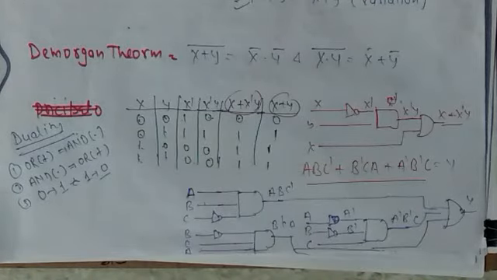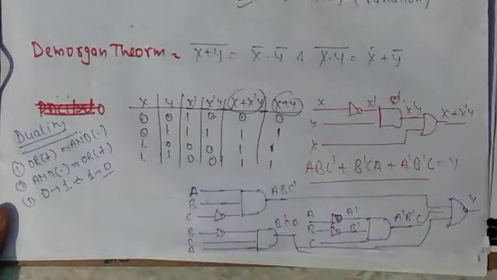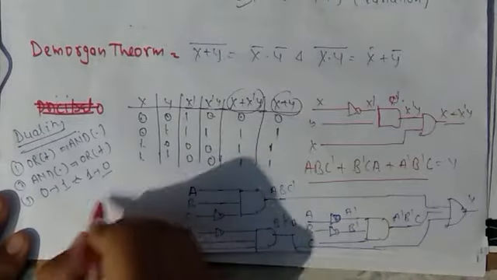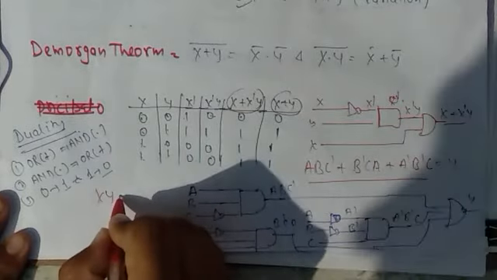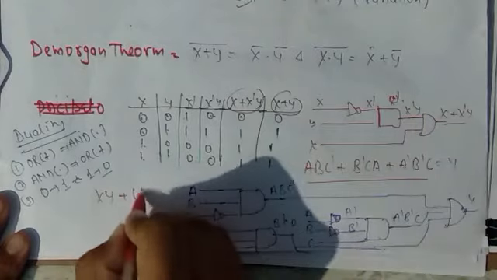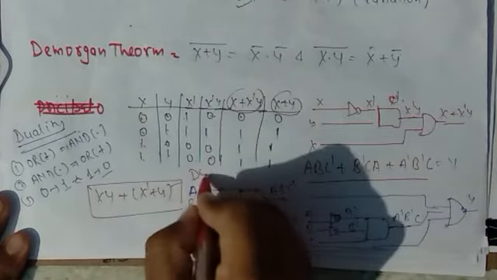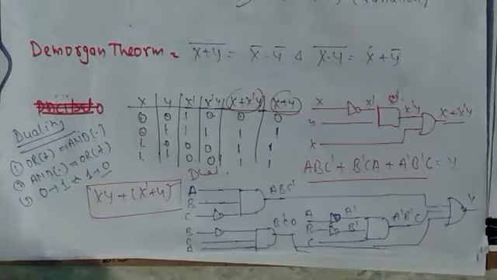These are the three rules of the principle of duality. If there is a question in an examination where you have to calculate the dual of a particular expression, let us suppose x y plus x bar plus 1, and you have to create the dual of the following expression, then it is very simple.